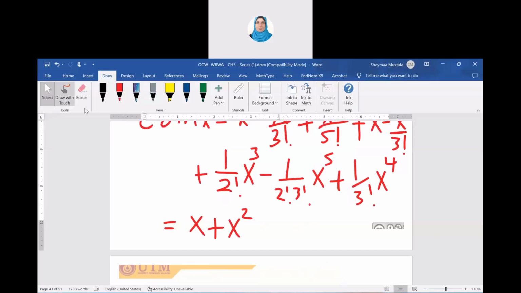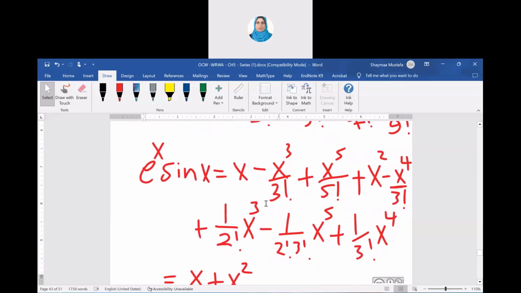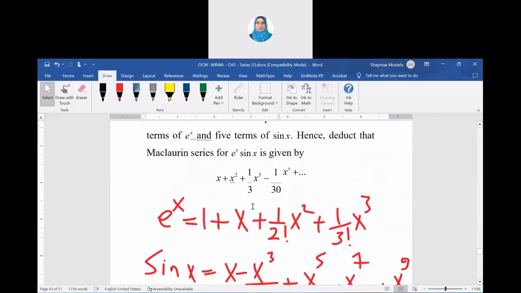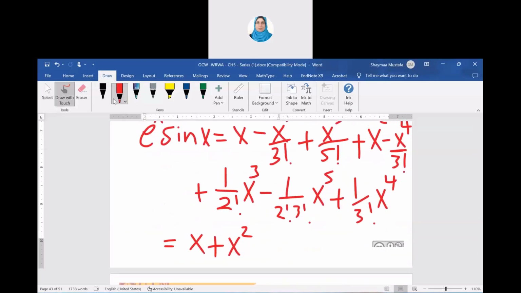Now x cubed. We have two terms including x cubed: minus 1 over 3 factorial and plus 1 over 2 factorial, which I think should be 1 over 3. So 1 over 3 x cubed.